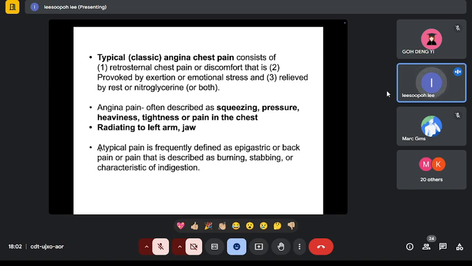Of course, as I mentioned in the previous lecture, diabetic patients can have atypical pain, including epigastric pain. Some of them may have just a fullness or indigestion type of pain in the epigastrium. So you need to have a high index of suspicion whenever a patient complains of central chest or abdominal discomfort.